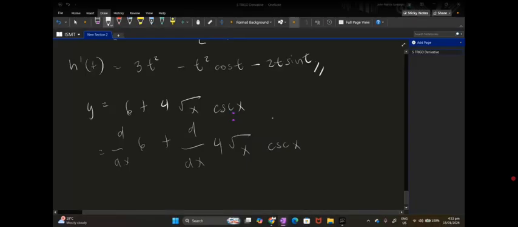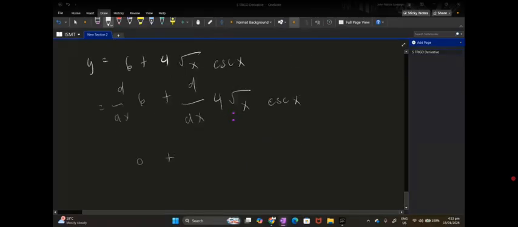The derivative of 6 is 0. Plus, gagamit ulit tayo dito ng u dv plus v du. So, u natin ito, and v natin ito. So medyo nakakalito siya kasi tatlong function siya.